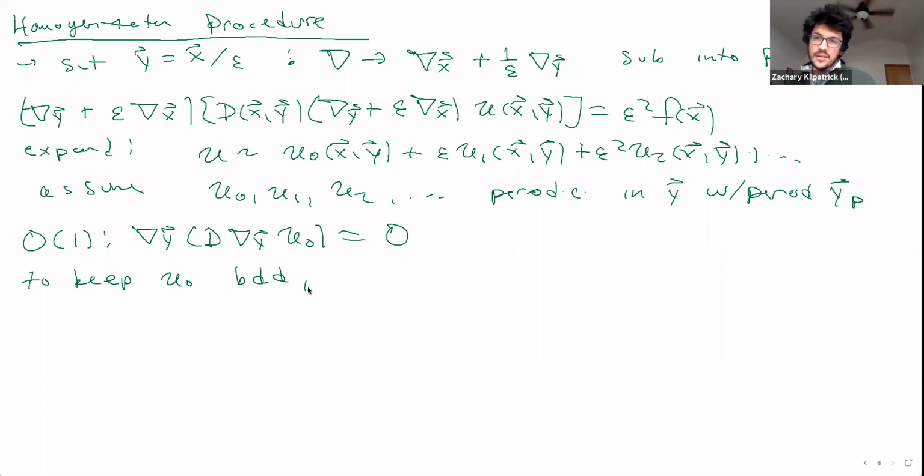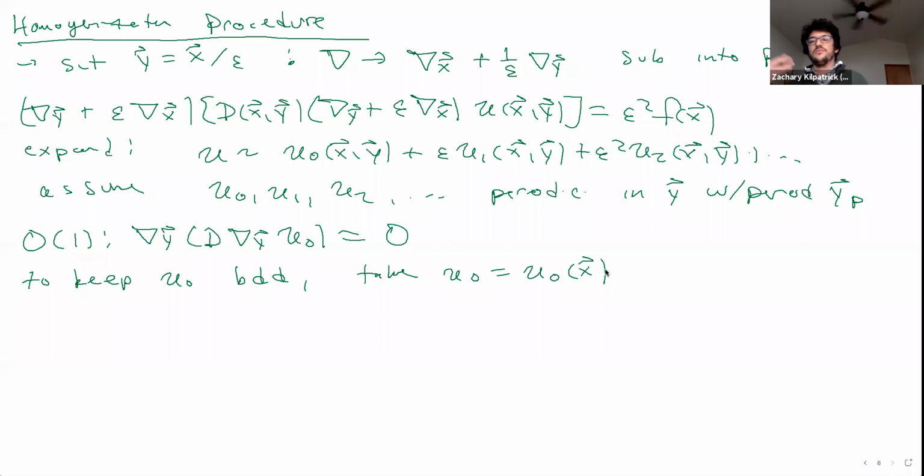If you integrate this, you get essentially a very similar expression to what we got in the 1D case. And in order to enforce boundedness, you have to remove the y-dependent parts, okay? So what you find is that to keep u0 bounded, you have to take u0 to just be a function of x, okay? And that's good news because that's what we want out from the homogenization procedure.